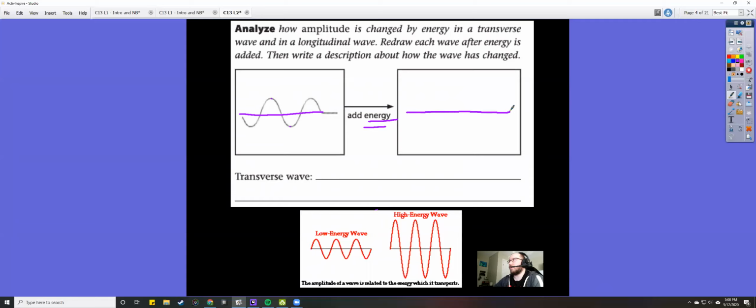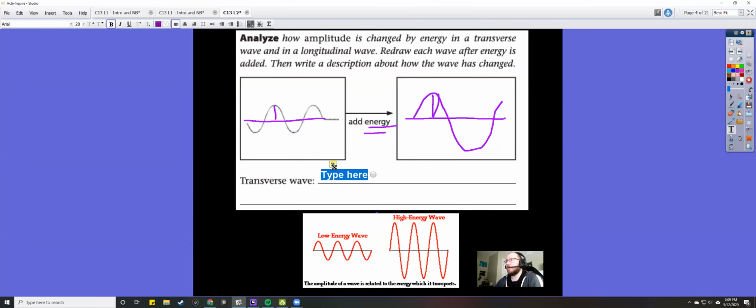So if I draw another line here, if we add energy to this wave, then my crests and troughs should get bigger, and they do. It should look something like that. That's not perfect, but whatever. So here is our amplitude for this wave over here, and here's our shorter amplitude over here for this wave.